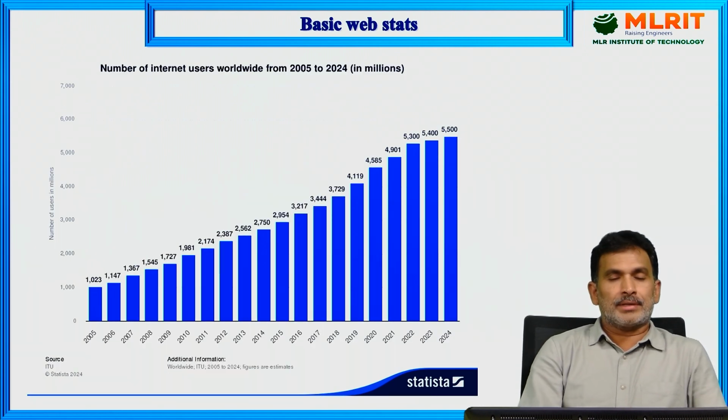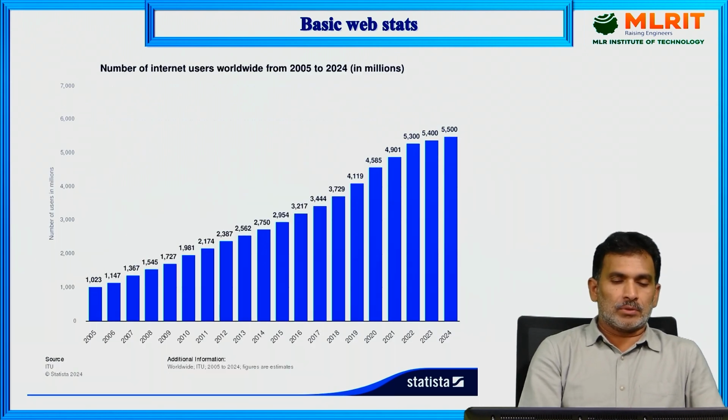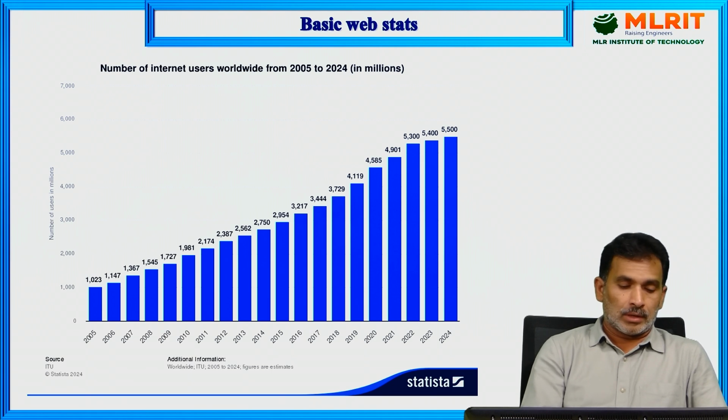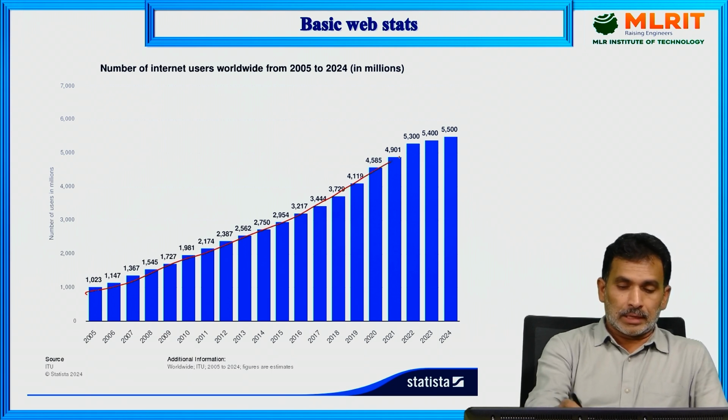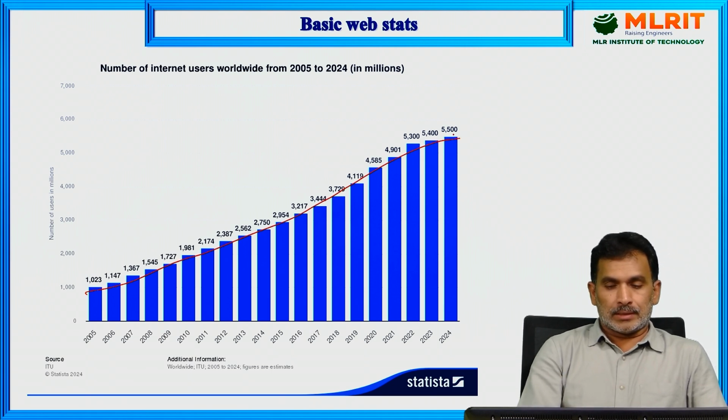And the number of internet users worldwide, from 2005 to 2024, you can see the exponential growth, that is 5,500 million.